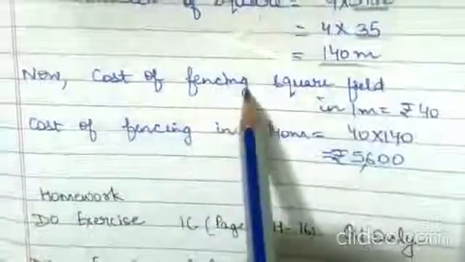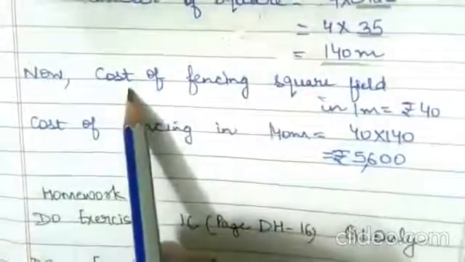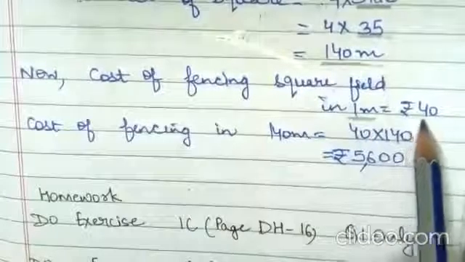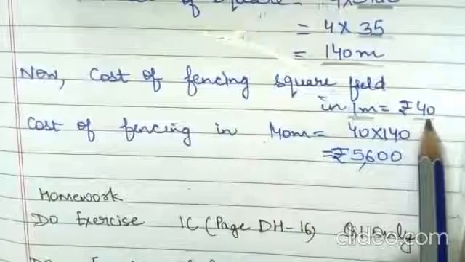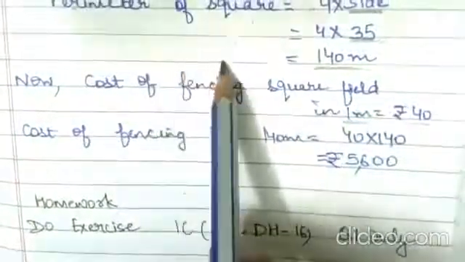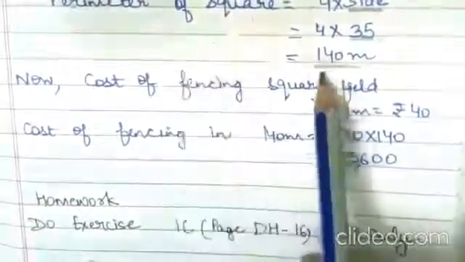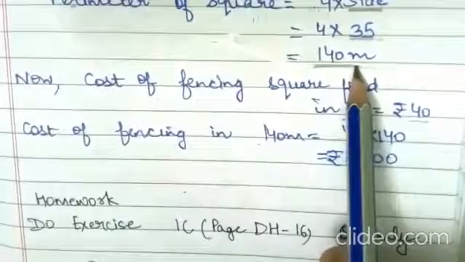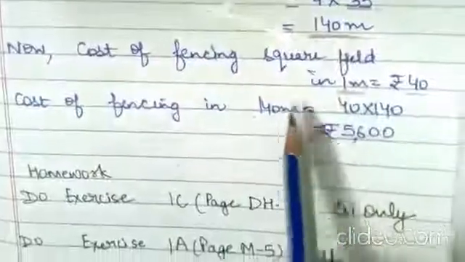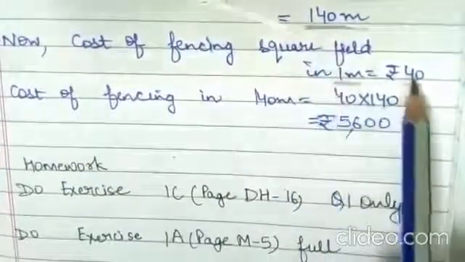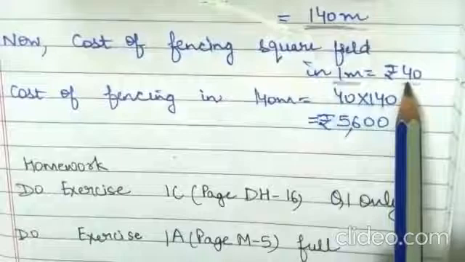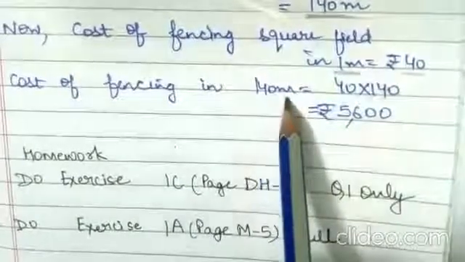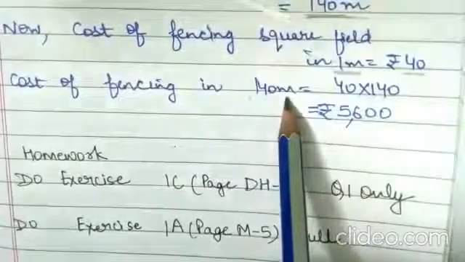Now children, in fencing, the cost for 1 meter is given to you, that is 40 rupees. And what was the total length of the square field? That is 140 meter. So for 1 meter we have the cost given, and for 140 meters we have to find out.